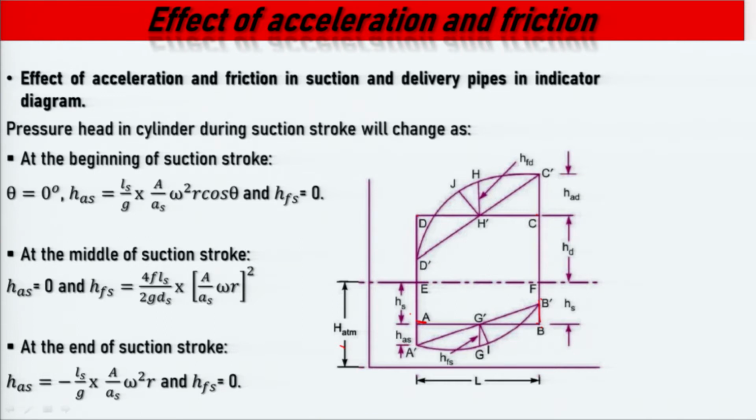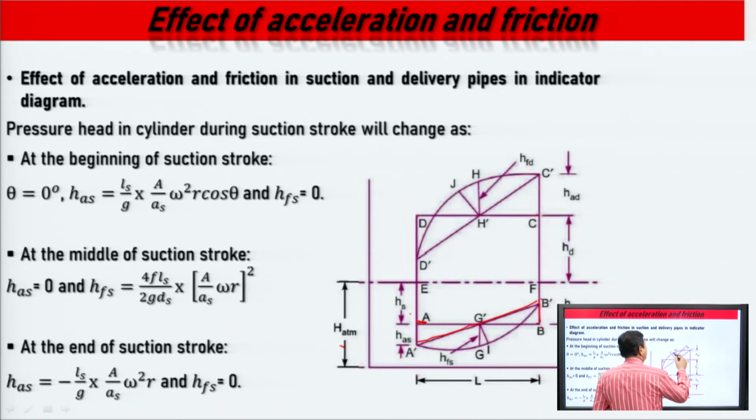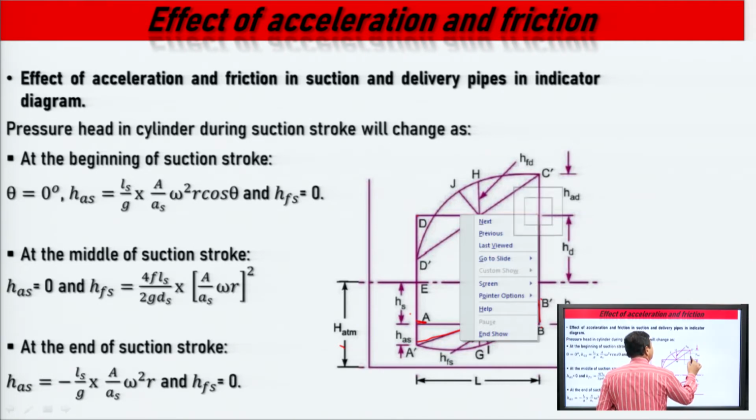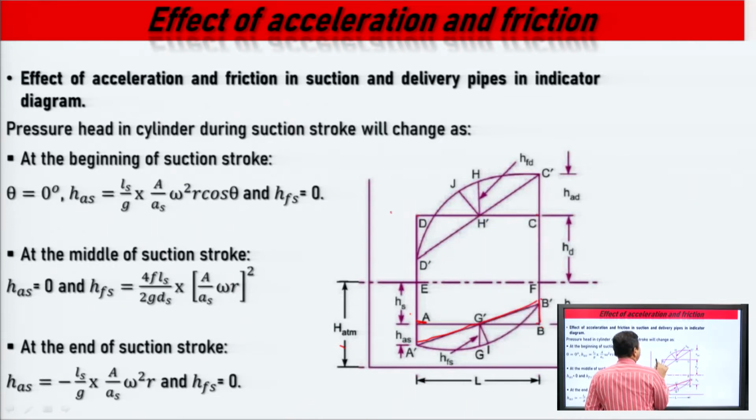Just see this diagram. Similarly, at the delivery stroke, C becomes C dash and D becomes D dash. This magnitude is the same, this is Had, and again this one is Had.